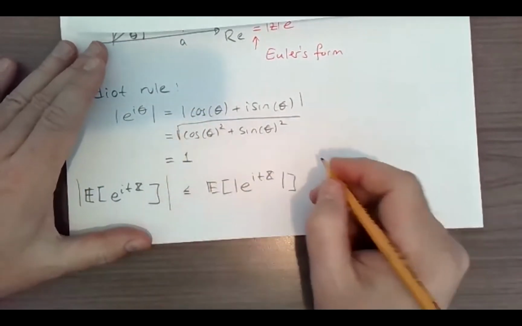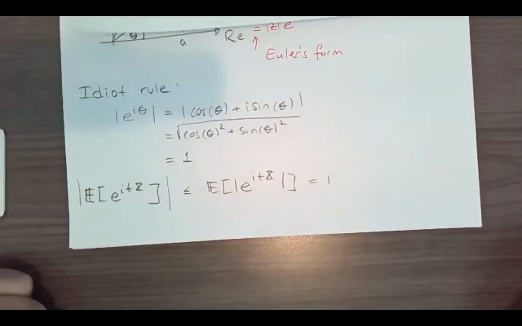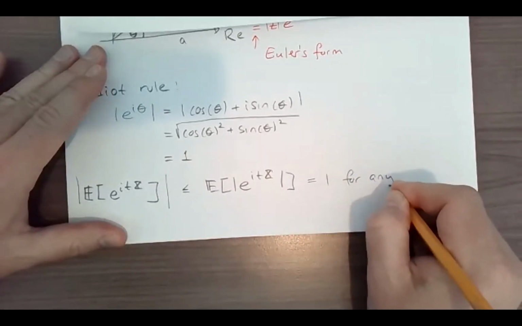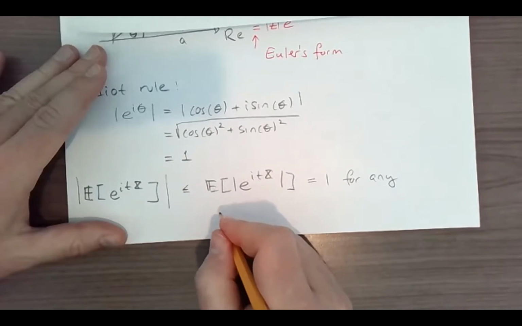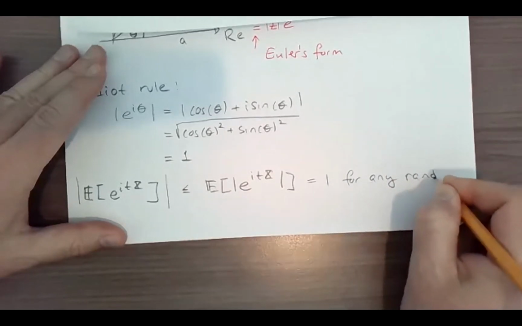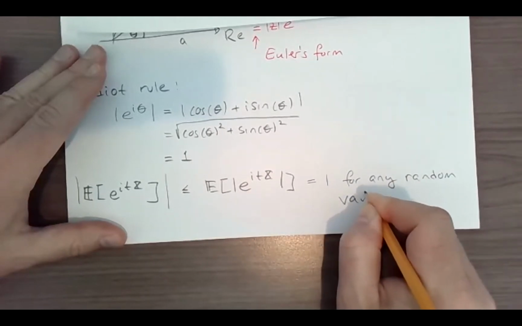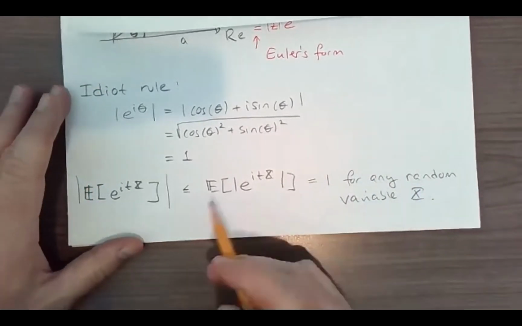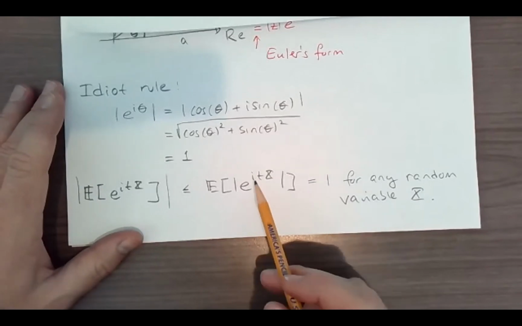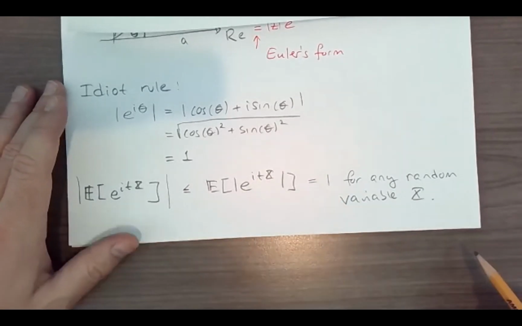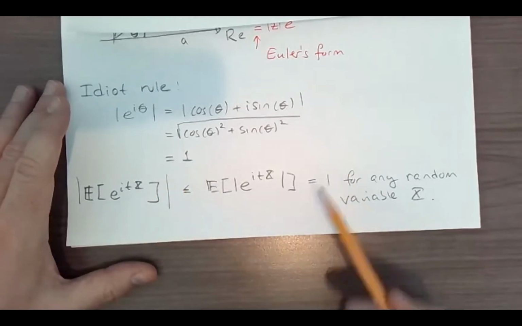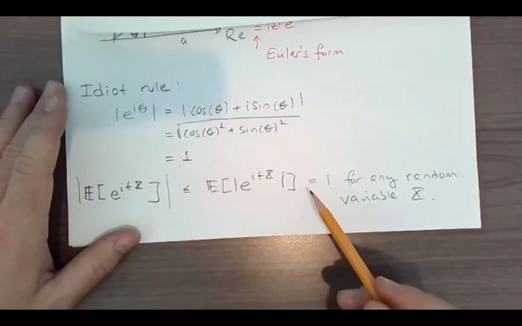Then I use the idiot rule and get that this is 1. This is true for any random variable, so it doesn't matter which one it is. The characteristic function takes values in the complex plane, but inside the unit ball. It always has length less than or equal to 1.